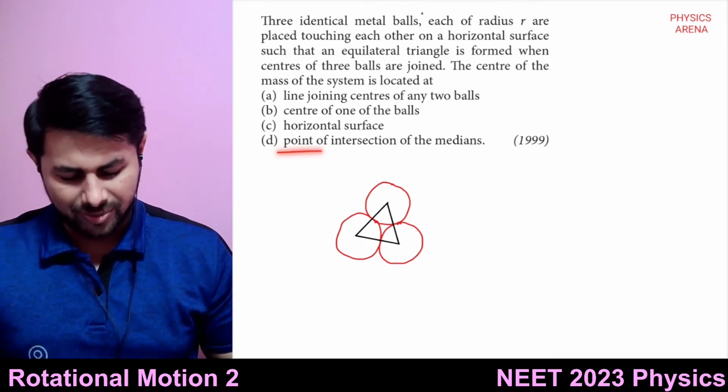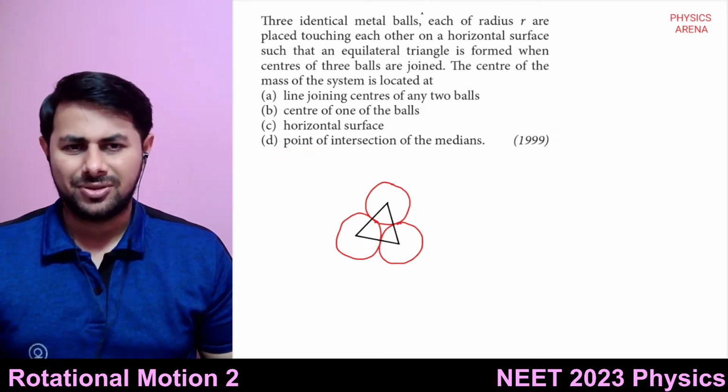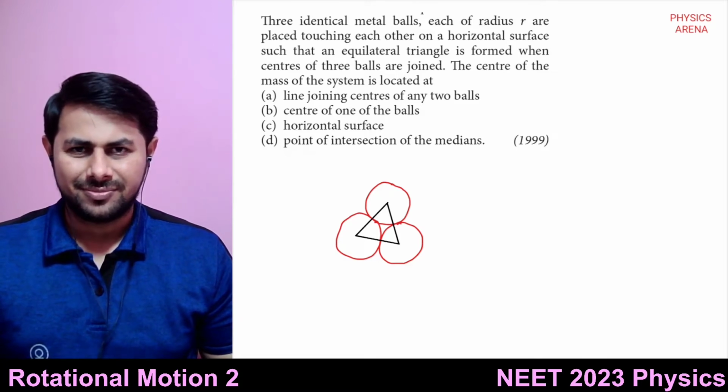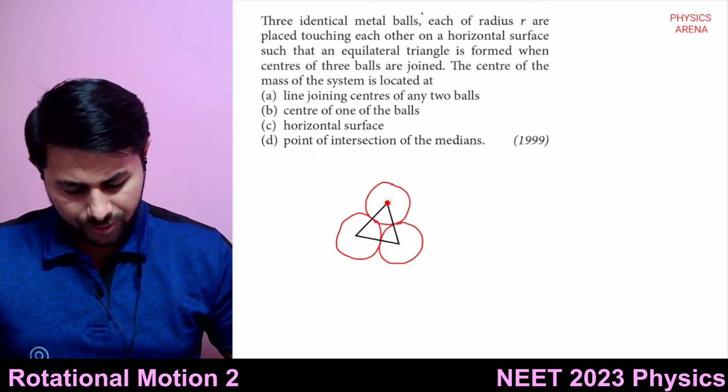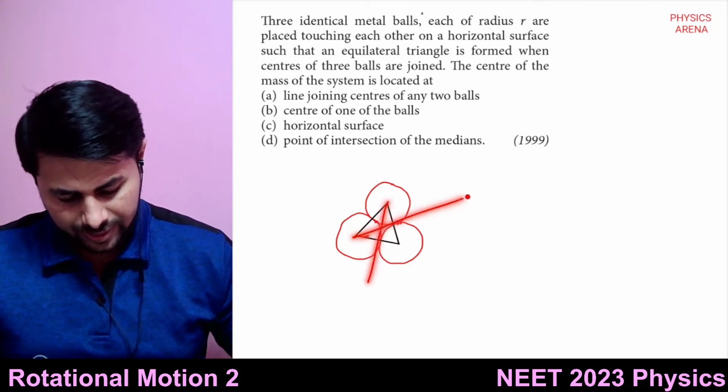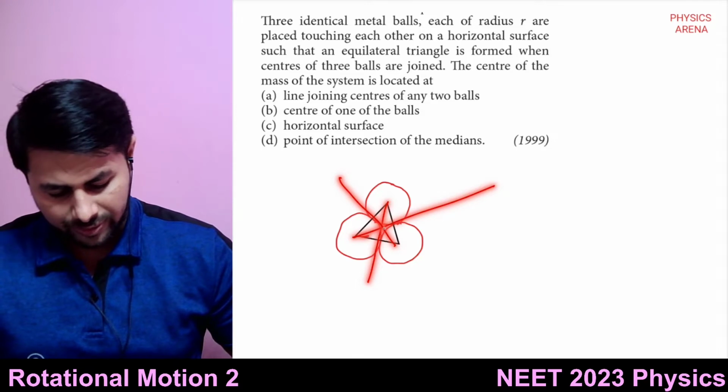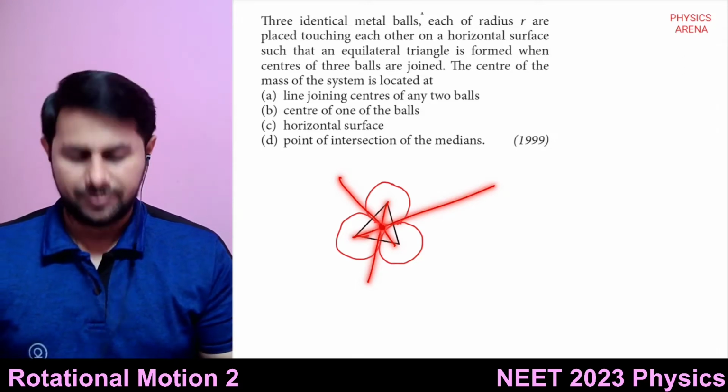So the answer is the point of intersection of three medians. If you draw medians like this, 1, 2, 3, they will intersect at this point.